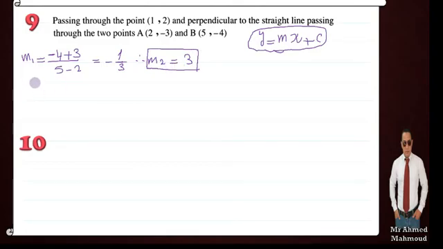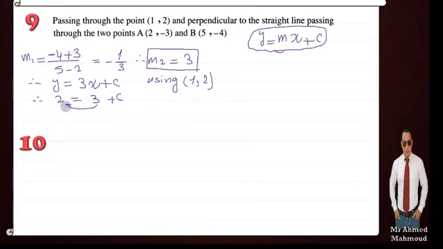Okay, therefore y equals 3x plus c. Using the point (1, 2), x and y. 1 is x, 2 is y. Therefore 2 equals 3 times 1, which is 3, plus c. Send 3 here.